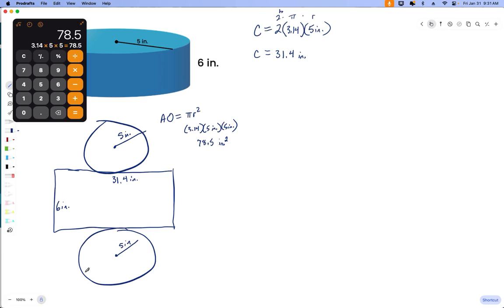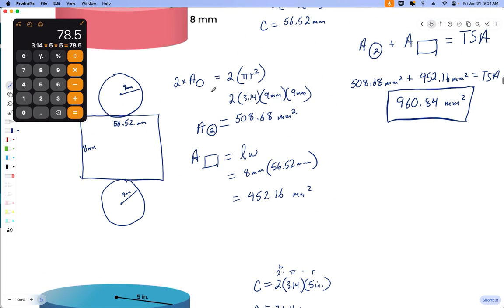This circle is exactly the same. So I'm going to say the area of the circle is equal to pi r squared, which is going to be 3.14 times 5 inches times 5 inches, which is 78.5 inches squared. Now, you can do it this way, or you can do it this way, where you multiply it by 2.